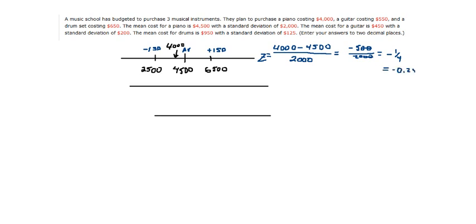What this says is that the cost of $4,000 is 1/4 of a standard deviation less than the mean. So that's what we enter in our problem.